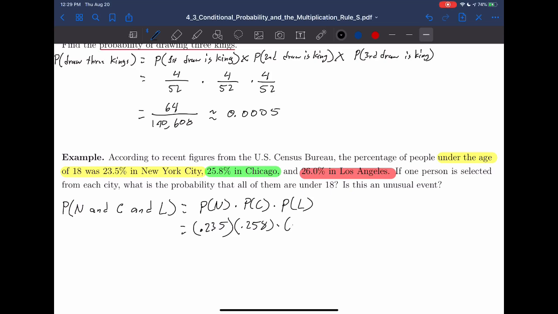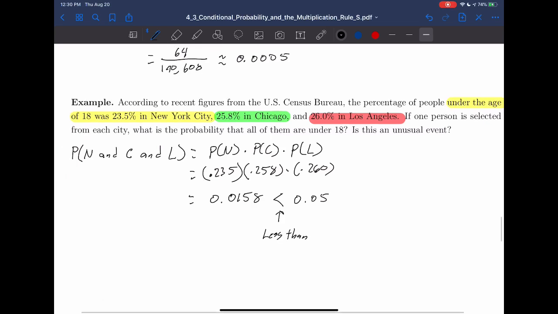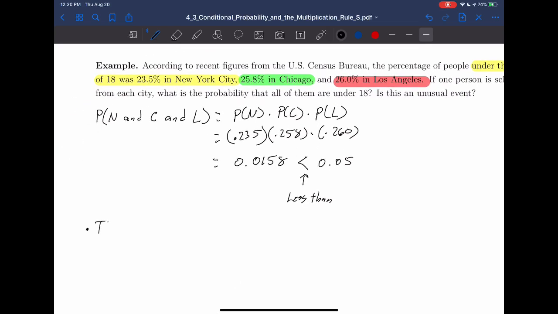And we already know these values, so all we got to do is plug them in. But most importantly, we got to identify if this is an unusual event. And since this is less than 0.05, this tells you that this is an unusual event. So in words, we could say that this is an unusual event if we applied the most commonly used cutoff point, which is 0.05.